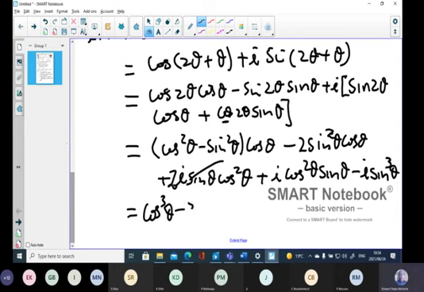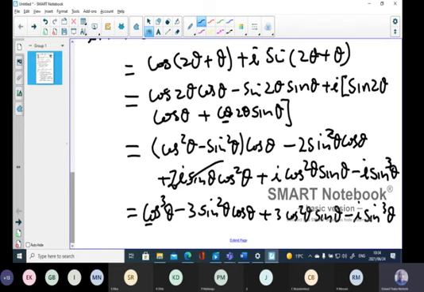So I have minus 3 sine squared theta cos theta. Now let's check the ones containing I. This one and this one, they give me 3 again, plus 3 cos squared theta sine theta minus I sine to the power 3 theta. Now I have proven the right hand side. Now what remains now is for you to prove that the left hand side is equivalent to this. So that's what we have to do next.